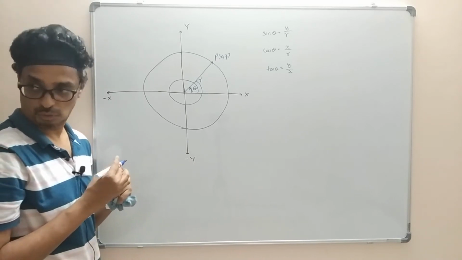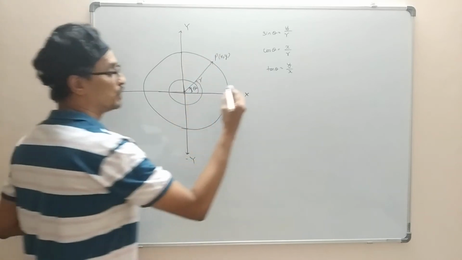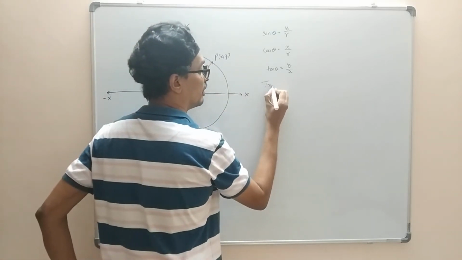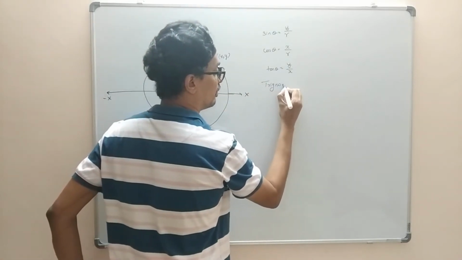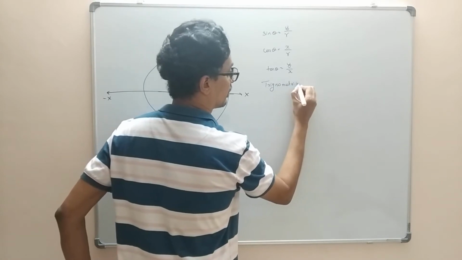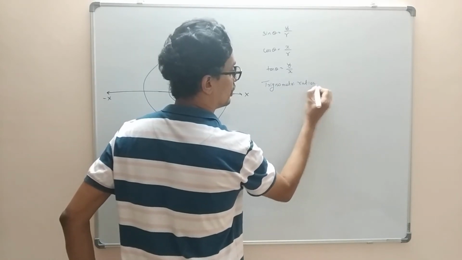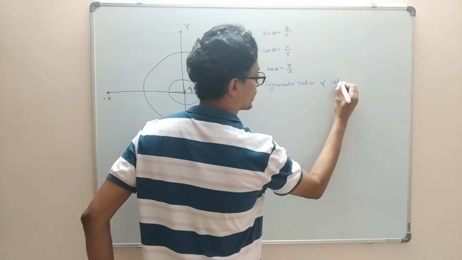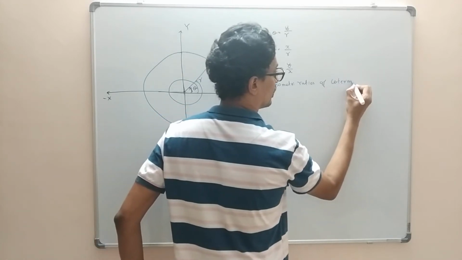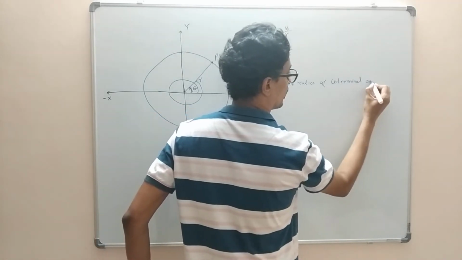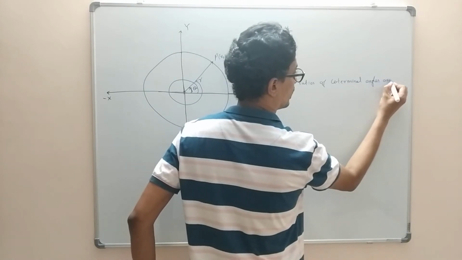No, right? Because the ray is the same. So the trigonometric ratios of coterminal angles are equal.